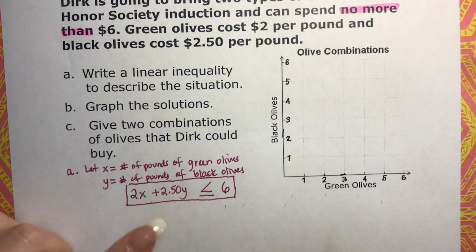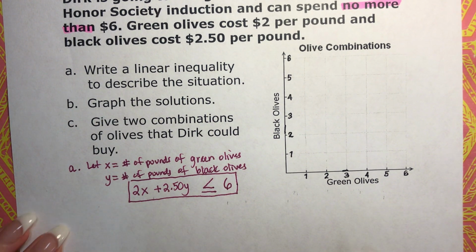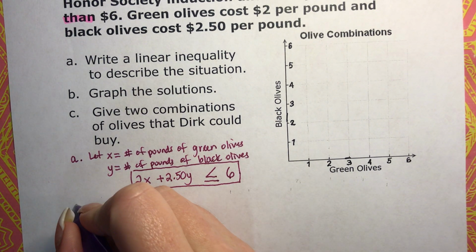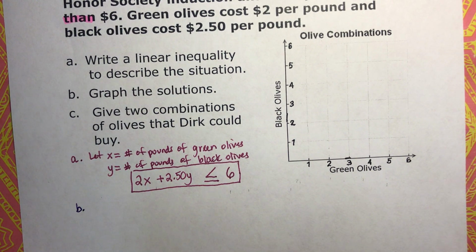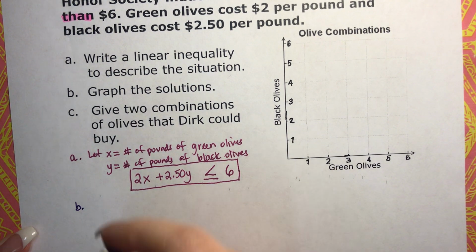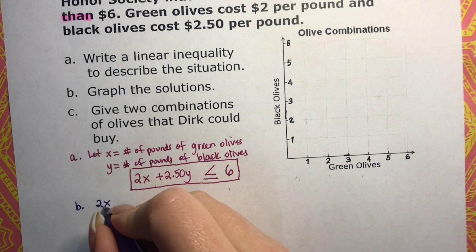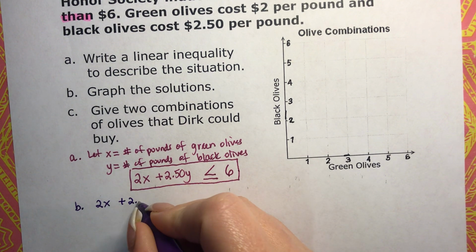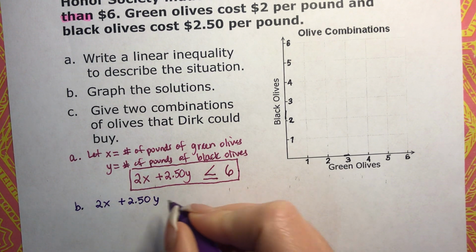So we need to graph the solution. So in order to do that, do you guys remember what we have to do first? It's kind of like a 3-step process. The first thing we have to do is isolate Y and get Y by itself. And it is not by itself right now. And so we are going to have to do some work.